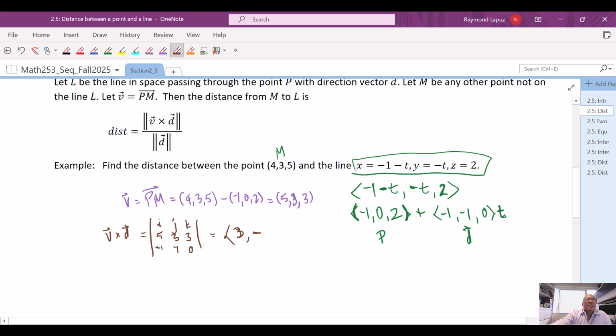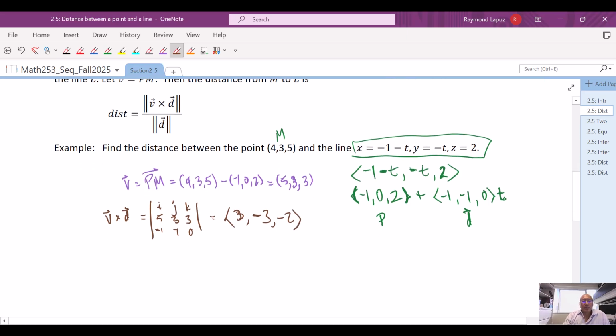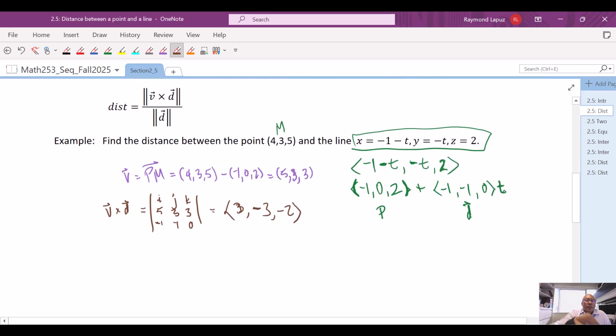So minus negative 3 is a positive 3, but that j component has a built-in negative sign, so we'll keep that there. And then the k component is going to be negative 5 minus negative 3, so that's negative 5 plus 3, that's negative 2. So that is my cross product between v and d.